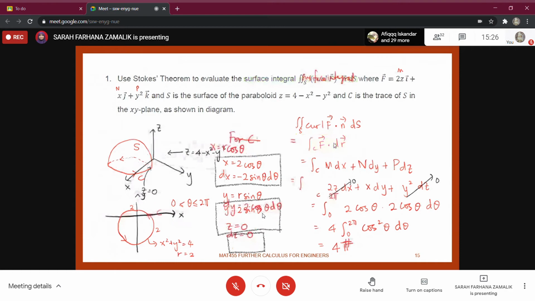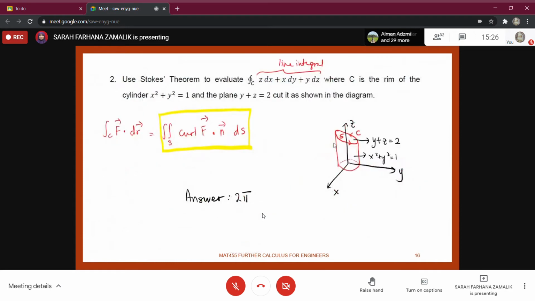Okay. So look at number 2. Do you want to show the double integral or the line integral? Double integral. Yes. Because the question asks you to evaluate. So you must know what form this is, line integral in differential form. Looking at the integral, you know this is a single integral. So this is for line integral. Therefore you must show the double integral. Okay.